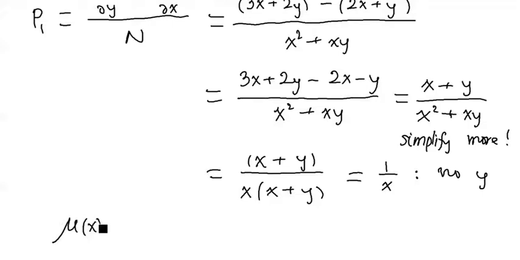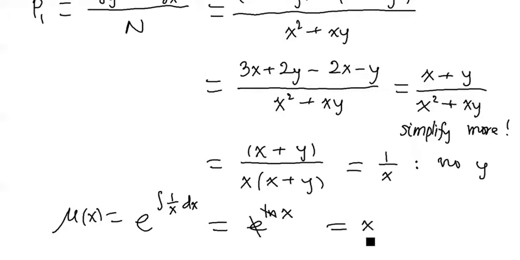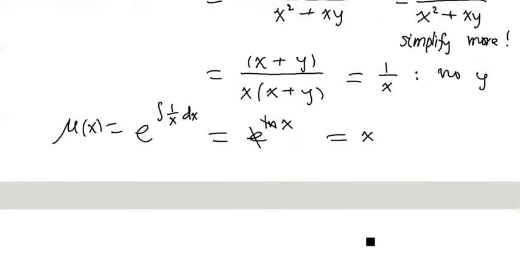The mu of x is e to the integral of 1 over x dx. So we have e to the log of, usually we have absolute value of x, but let's ignore the absolute value now when we compute the integrating factors, and we can cancel to get x. So our integrating factor is x. Now let's multiply the equation by x.